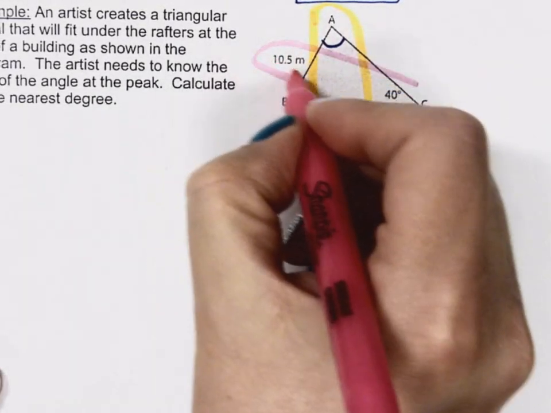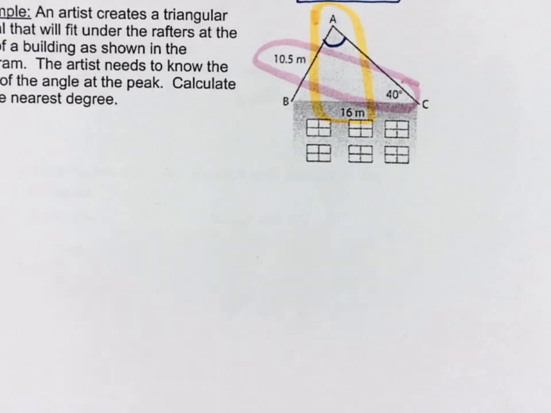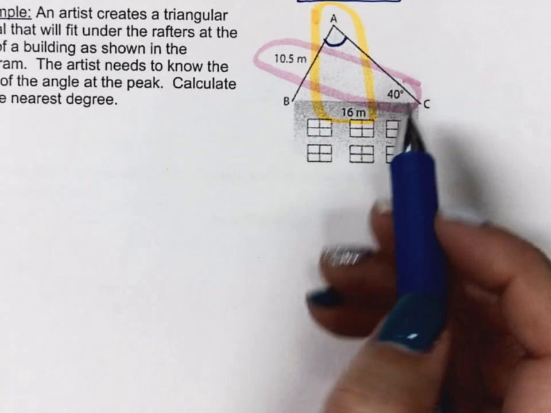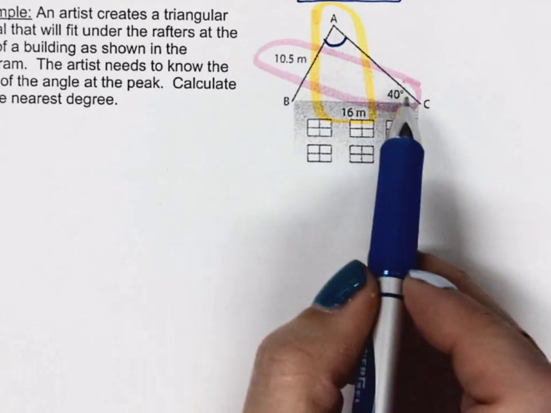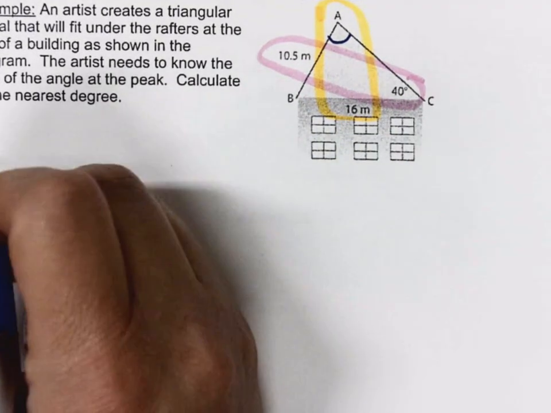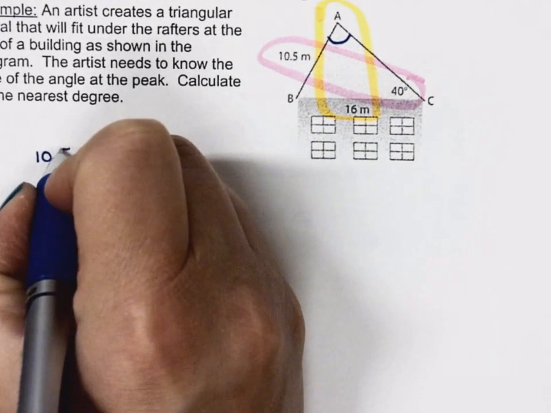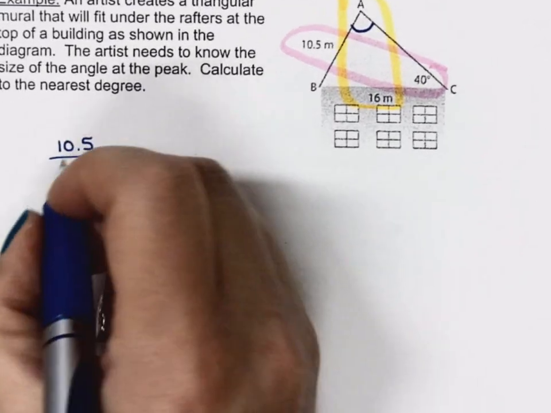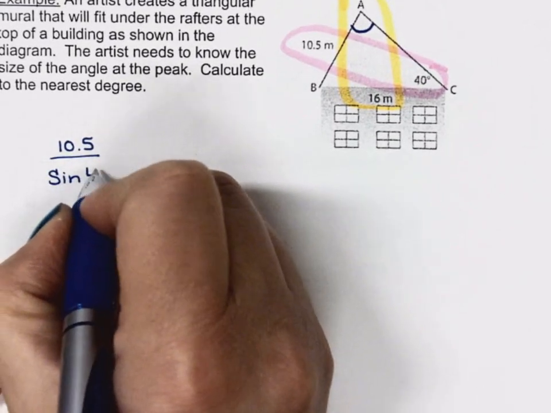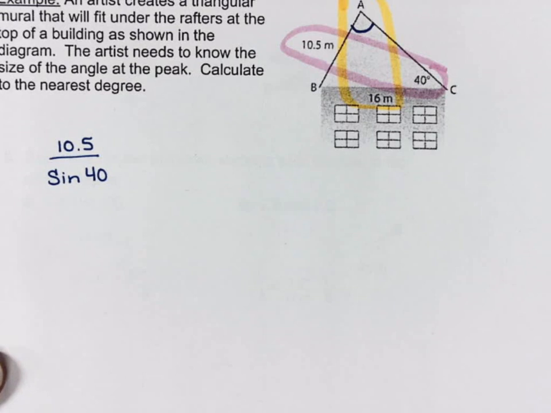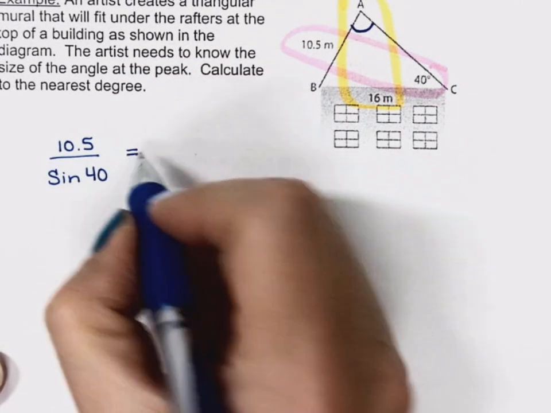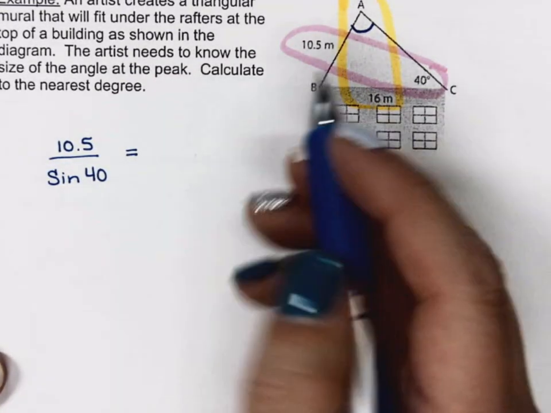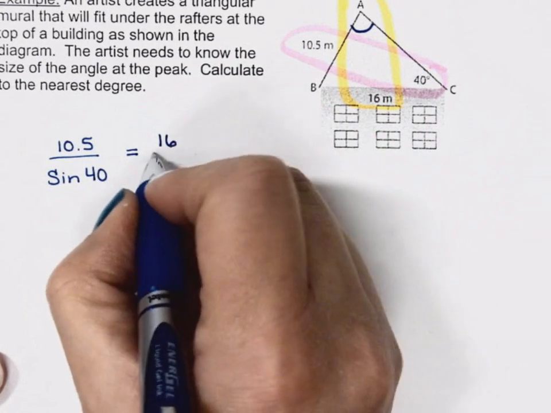So you're going to do 10.5 divided by the sine of 40 equals, because we're always going to use two parts of that sine law. So I always start with the one I know both parts of. I call that my matching set. We start with the side length on top, so 10.5 divided by sine of 40 equals, I know the side length, so side lengths are all on top, so this one's 16.